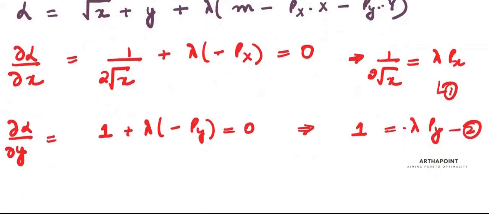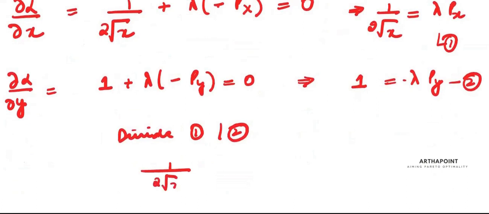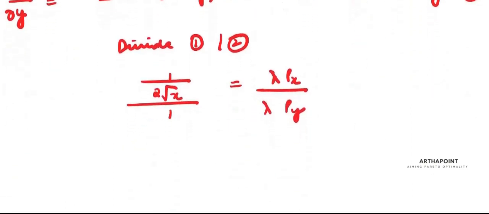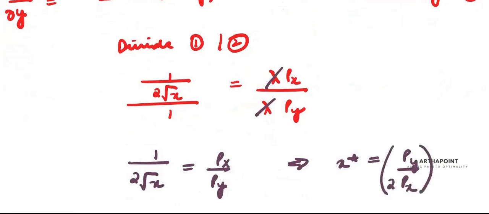You're going to go ahead and divide equation 1 by 2. So you will get 1 by 2 root x by 1 is equal to lambda px by lambda py. So your lambdas would get cancelled and you will get 1 by 2 root x is equal to px by py, or you will get x star is equal to py by px into 2 whole square. This will be your x star.